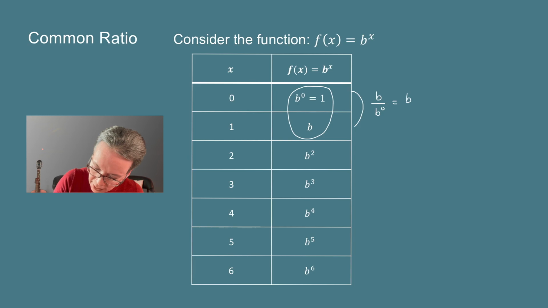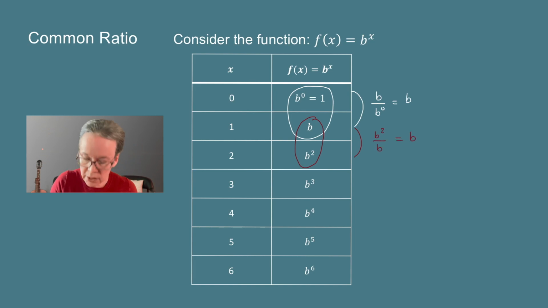Then I form the ratio between these two consecutive y values, which gives me b squared divided by b, which is equal to b. And then I consider the next two consecutive y values: b to the third over b squared is equal to b.